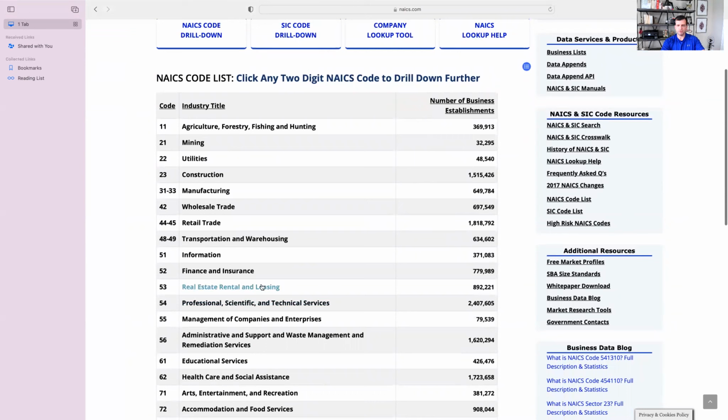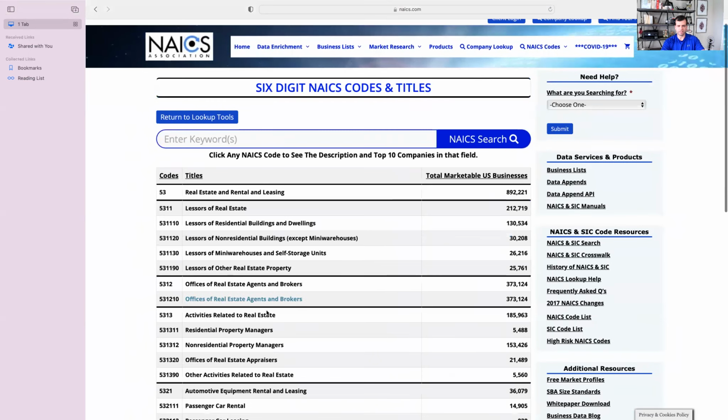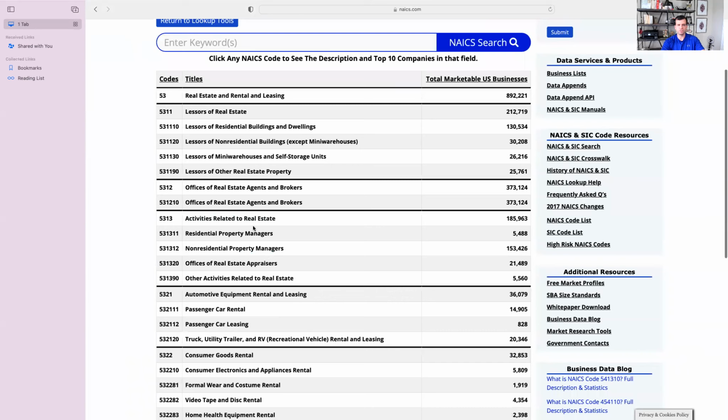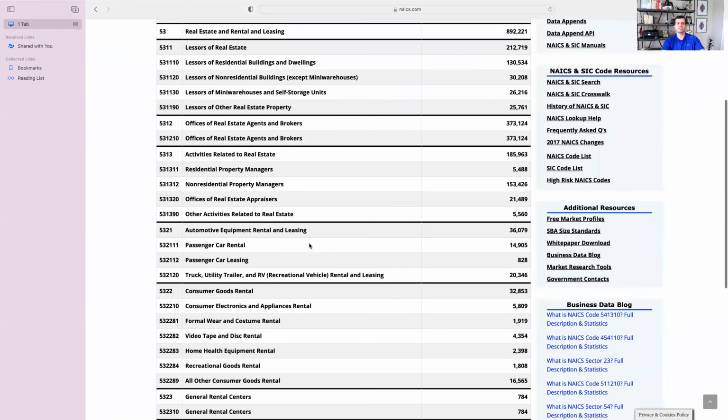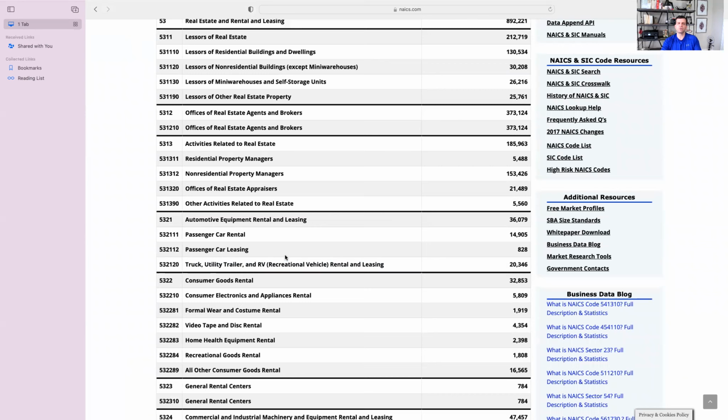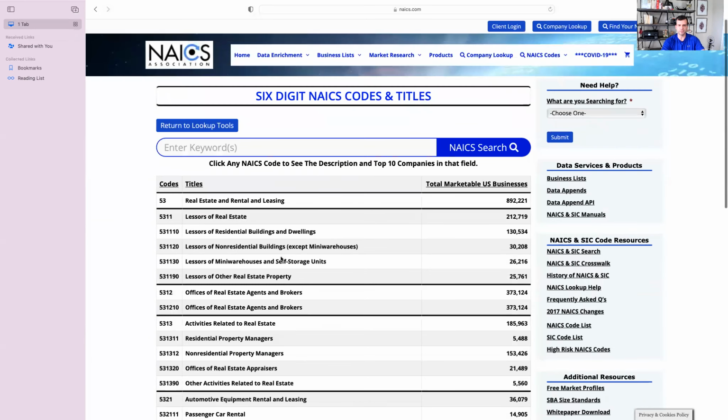For example, if you're in real estate rental, you click here, and you could do keywords and stuff like that. So you could say, hey, are you a lessor of residential buildings and dwellings? If you're doing residential rentals, this would be here. If you do other real estate, you can see here, like, are you a real estate agent? Stuff like that. And you just find the category that's closest to what you're actually doing.